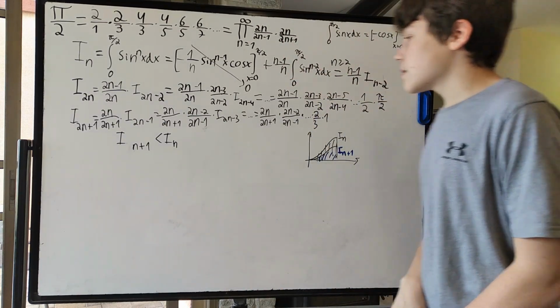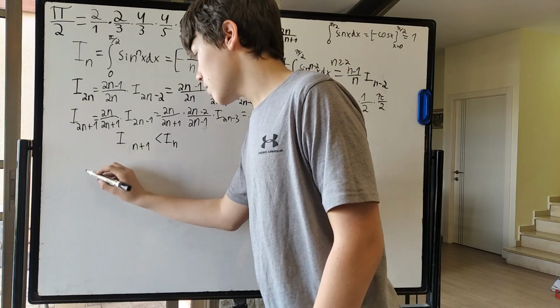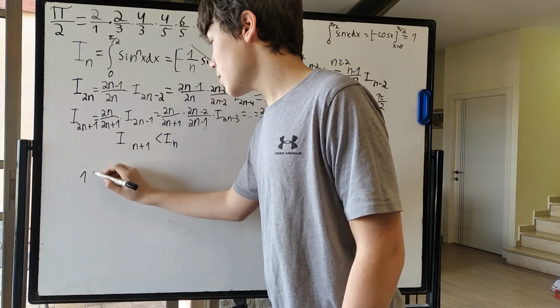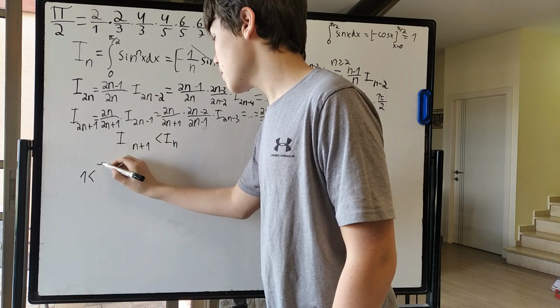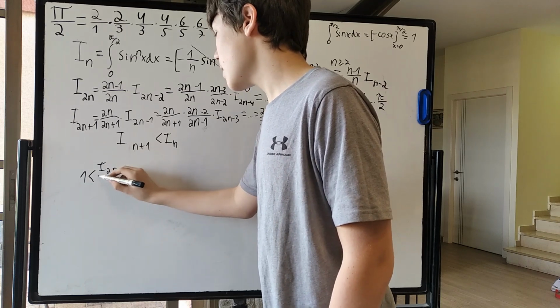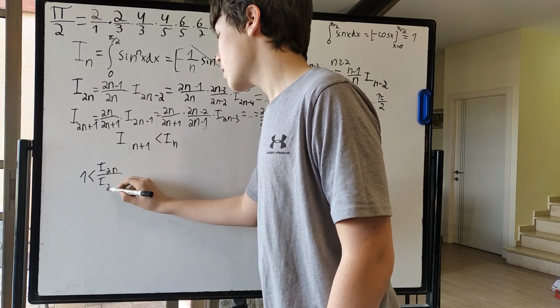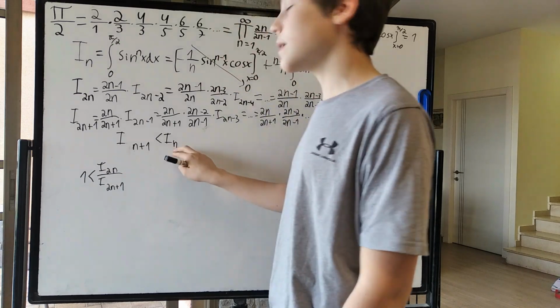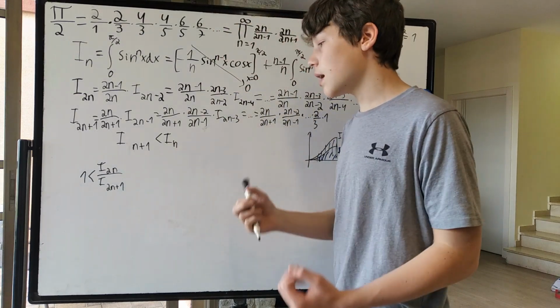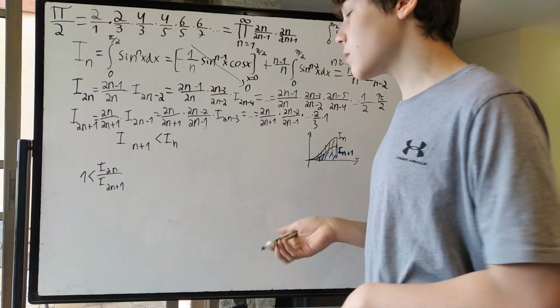So now let's use this. We know 1 is smaller than I_n over I_(n+1), because we replace n with 2 in here and divide by I_(n+1), which we know is positive, so everything is good.